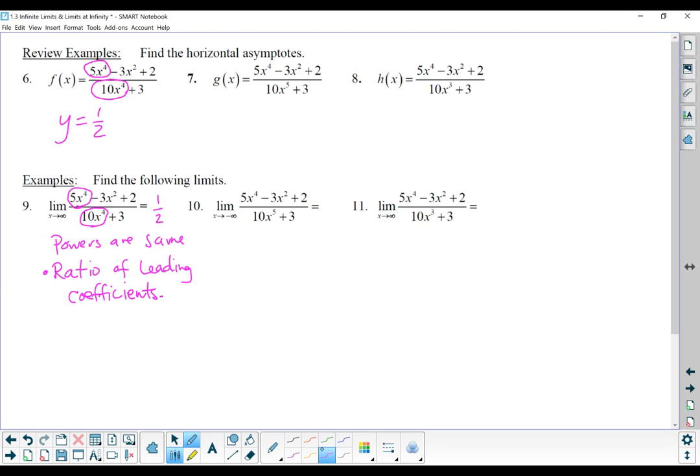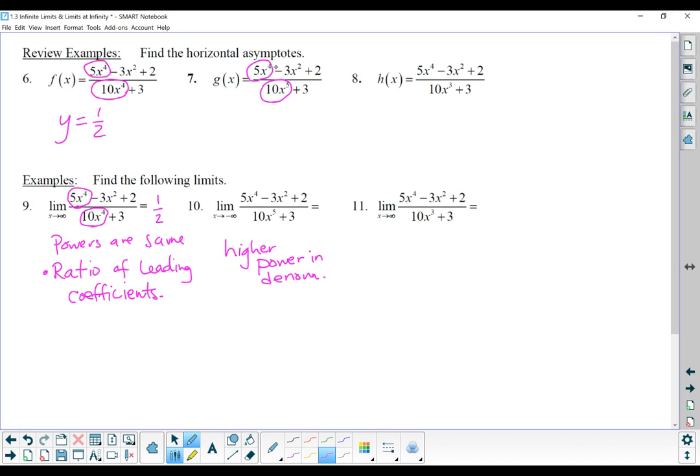Now we've got one where, if we look at the top leading term and the bottom leading term, they are a different power, and I have a higher power in the denominator. If you have a higher power in the denominator, that denominator is going to be a much bigger number.